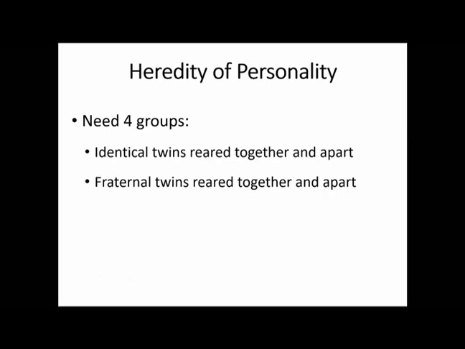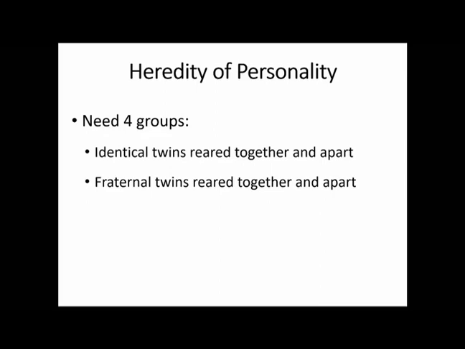To look at this gene-environment interaction, we're going to use what should now be a more familiar setup, and we can look at a combination of a twin and adoption study. So to set this up, we would want to look at 4 different groups. We would have identical twins that had been reared either together or apart, and fraternal twins that had been reared either together or apart.